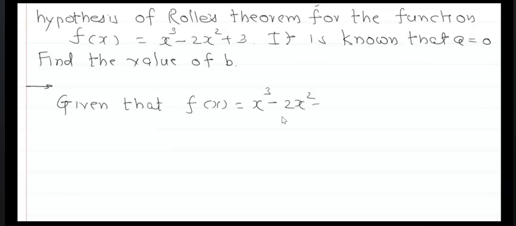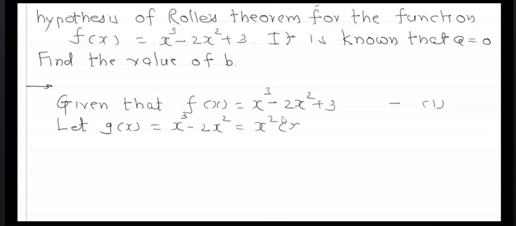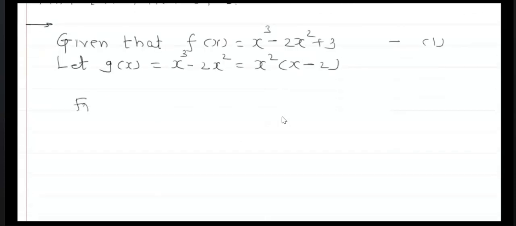Now, the given function satisfies the conditions of Rolle's theorem. That is, f of a is equal to f of b. If we have the value of a as 0, we can find out the value of b also. Now see here, f of x is equal to x cube minus 2x square plus 3.